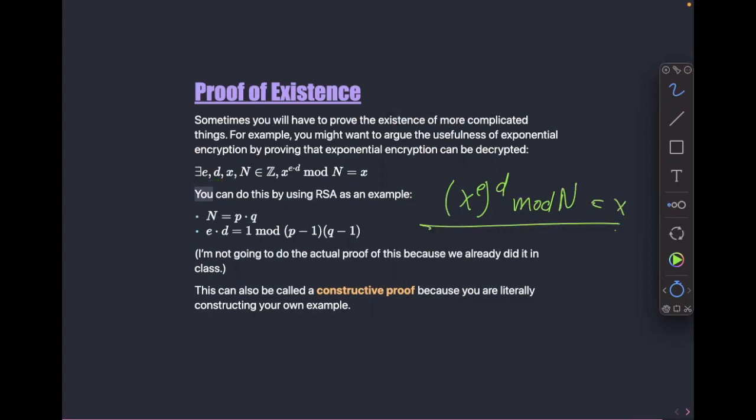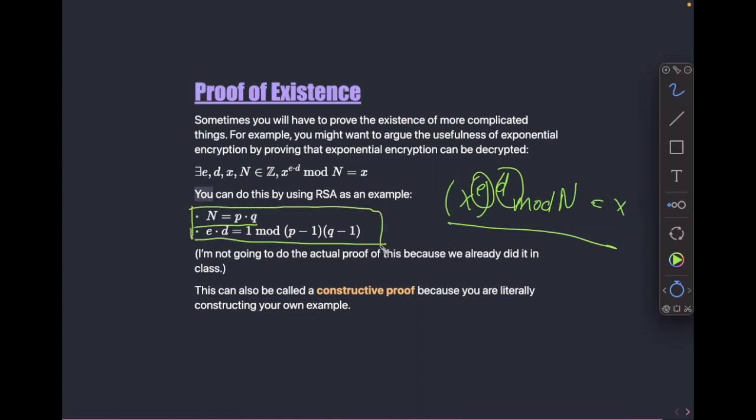The only way I can really show that is by finding an E and a D and defining some properties about E and D. So I found an N that's the product of two primes, and then I chose an E and D that are equivalent to 1 mod (P minus 1) times (Q minus 1). I had to first define N and E and D this way.